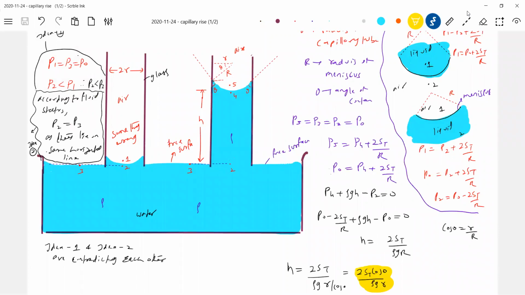Next question comes. The shape of the meniscus will be hemispherical here. Hemispherical in shape. Any doubts?